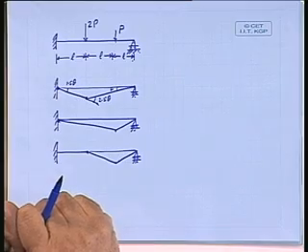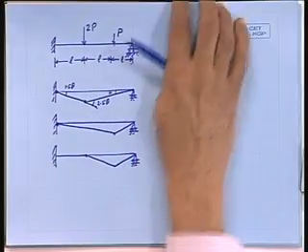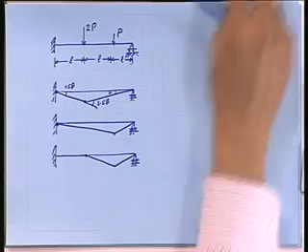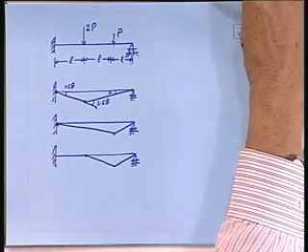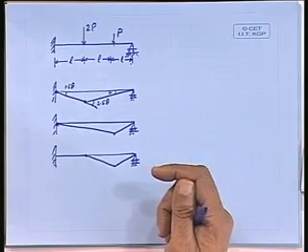Okay. So this third diagram, I'm a little getting confused. See it like this. This is clamped. This is a physical hinge. This is the collapse mechanism.